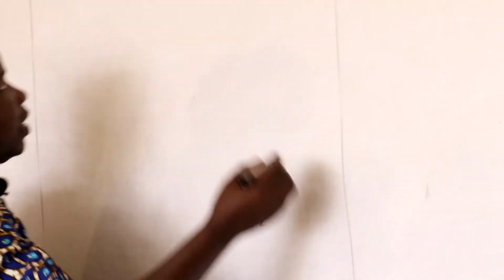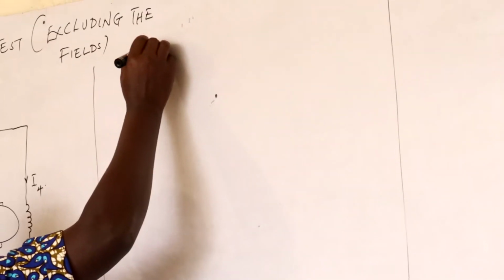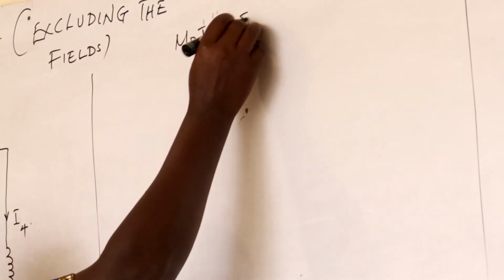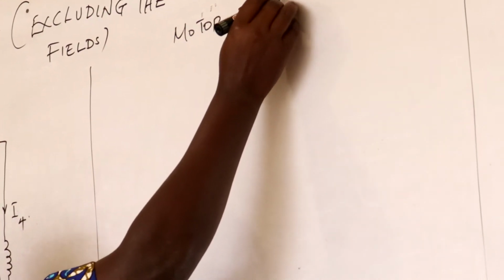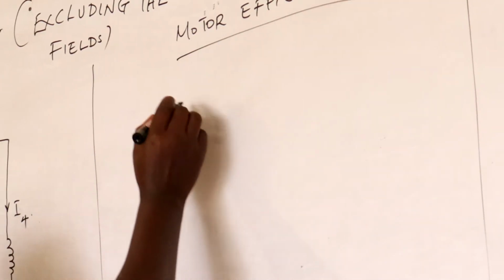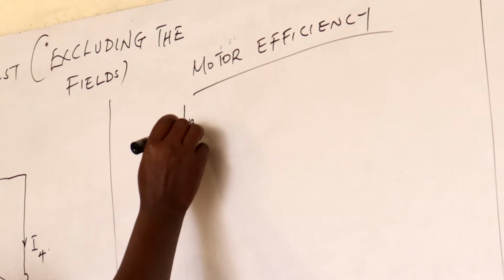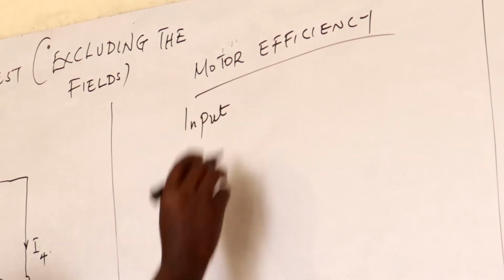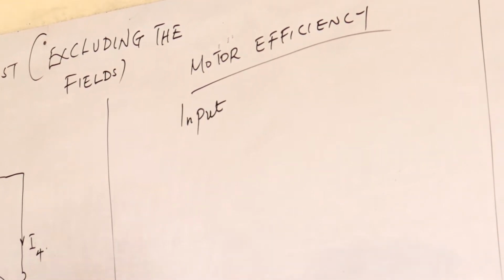And therefore, we can look at the efficiency, the motor efficiency. To start the motor efficiency, we need the motor input.